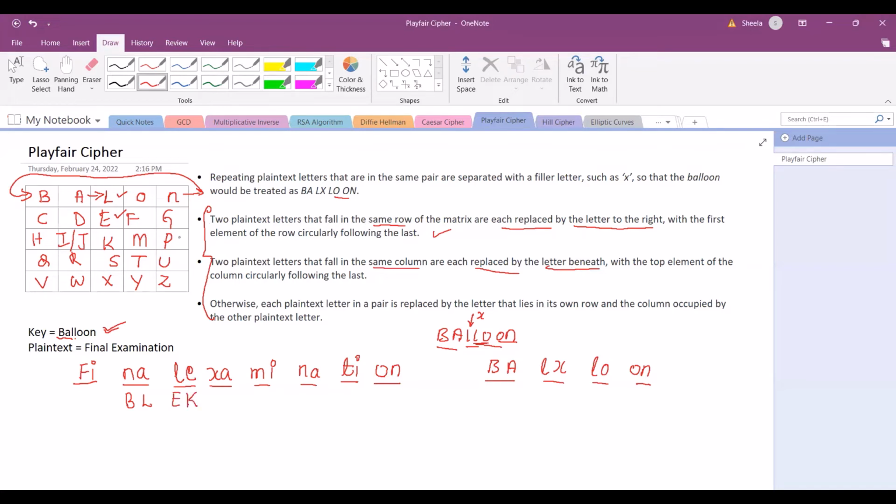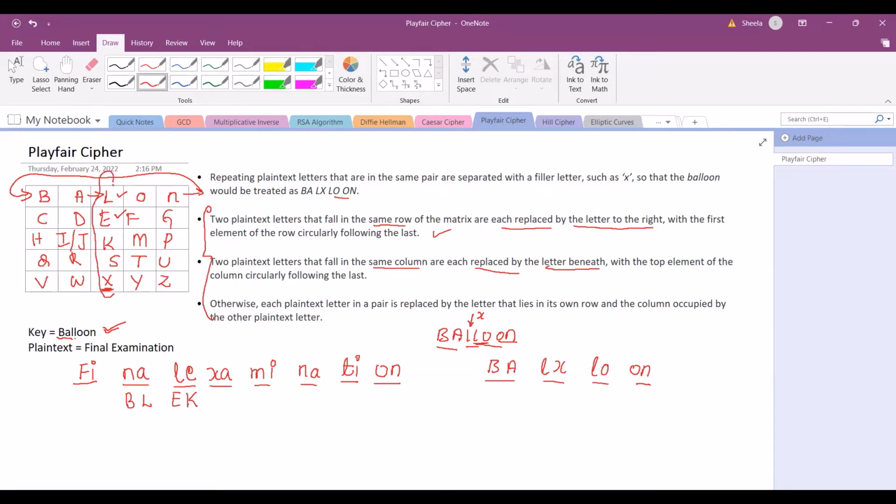Suppose we consider the letter X, and let me consider a situation where L and X are in the same column. Then what do I have to do? For L, the letter below is E, but for X, what is the letter below? Once again, we have to take a circular shift.